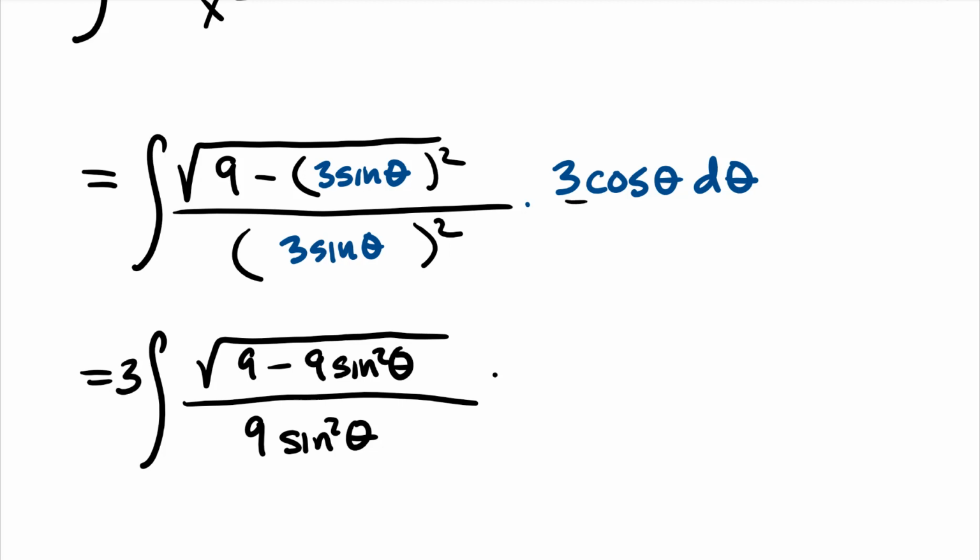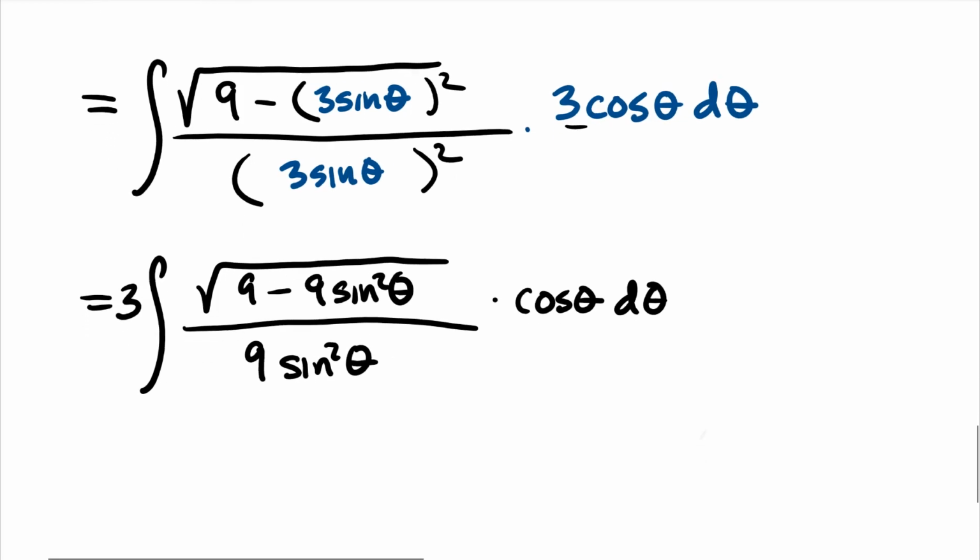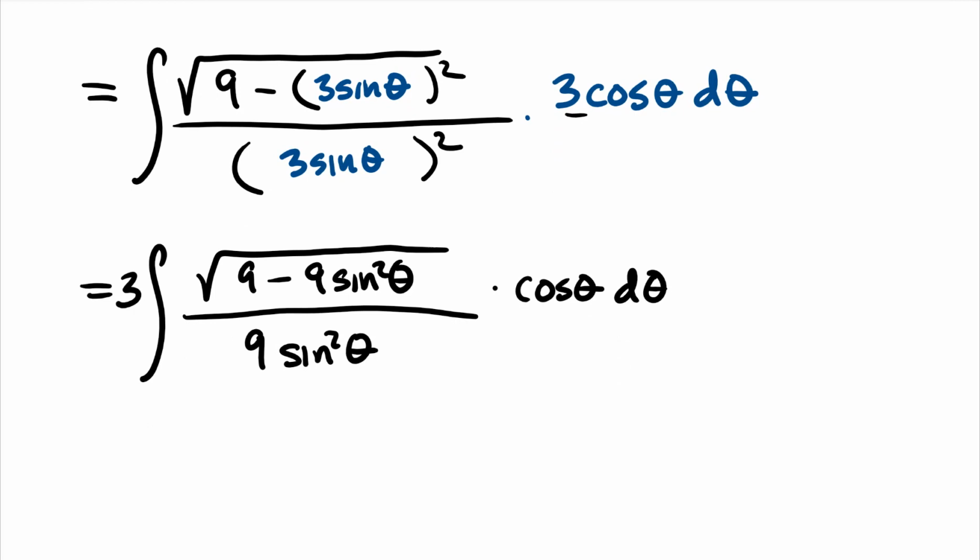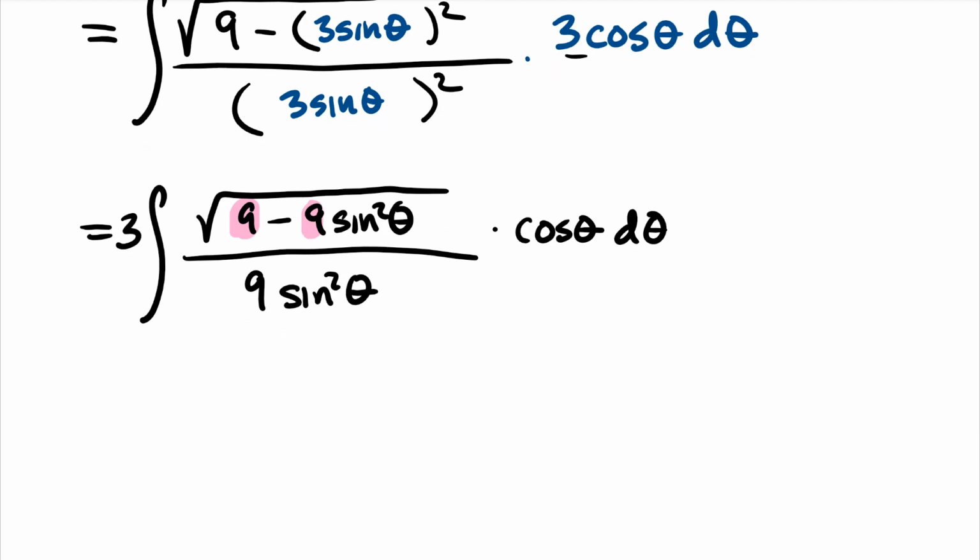I'm going to take the 3 out to the front and then just leave our cosine of theta right here. Once we get better, we'll start to see that this is just going to pop out a 3. But let's take it step by step just to begin with.